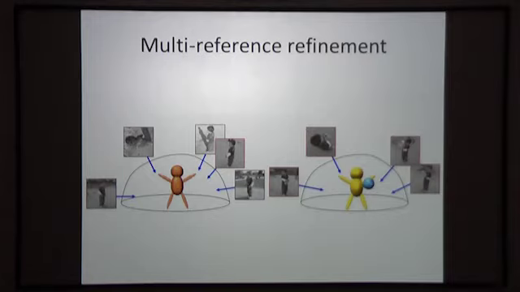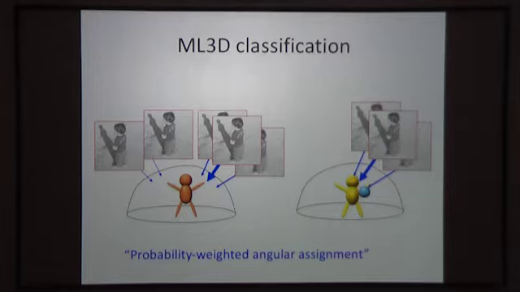We now have a 3D multi-reference refinement, and we make reference projections of uncomplexed Jan in all orientations and of complexed Jan in all orientations, and then rather than assigning only the best orientation and class based on cross-correlation, we're going to, for every experimental image, calculate probabilities over all orientations and all classes.